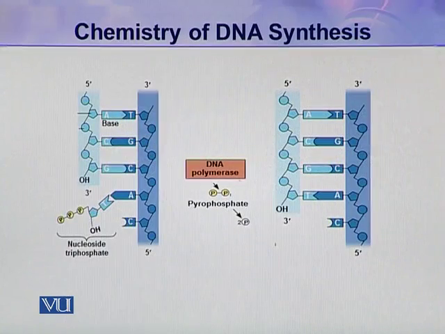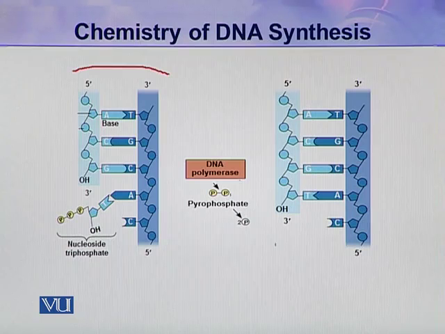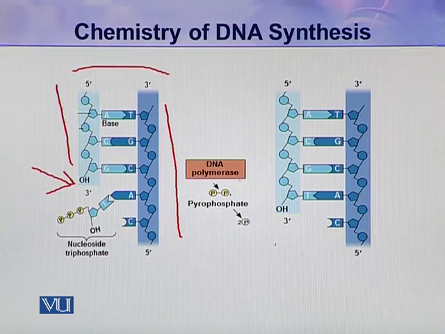In this figure you can see the template and primer junction, and here is the hydroxyl group, which is the 3' hydroxyl group of the primer. This is a new nucleoside triphosphate which is coming to join the nucleotide on the template.